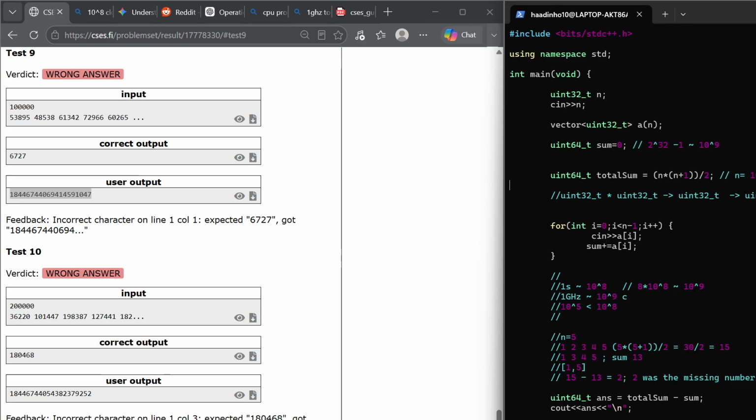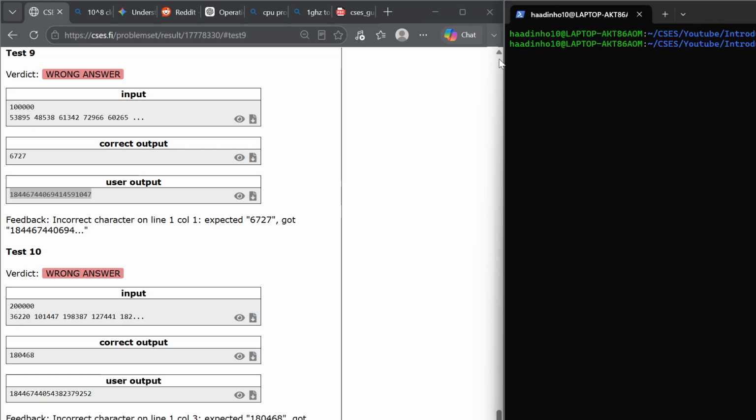So what we can actually do over here is try changing this to 64-bit, and yes, maybe this will definitely work, I'm sure.